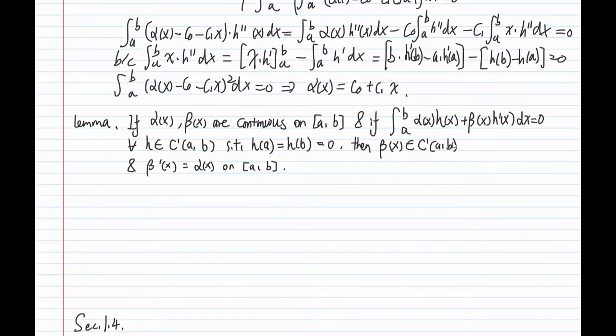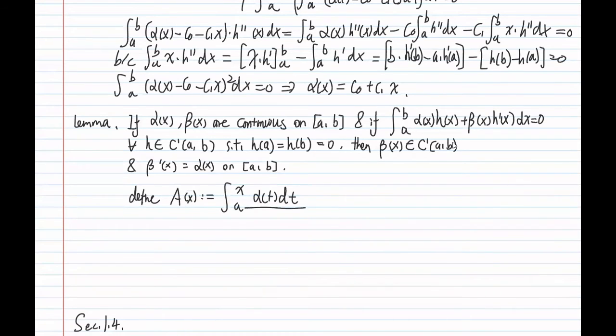So now let's prove this. We start by using the same kind of trick. We define a new function here. Define A(x) to be equal to the integral from a to x of the function alpha, and then observe that your function A is actually in the space C1. Why?